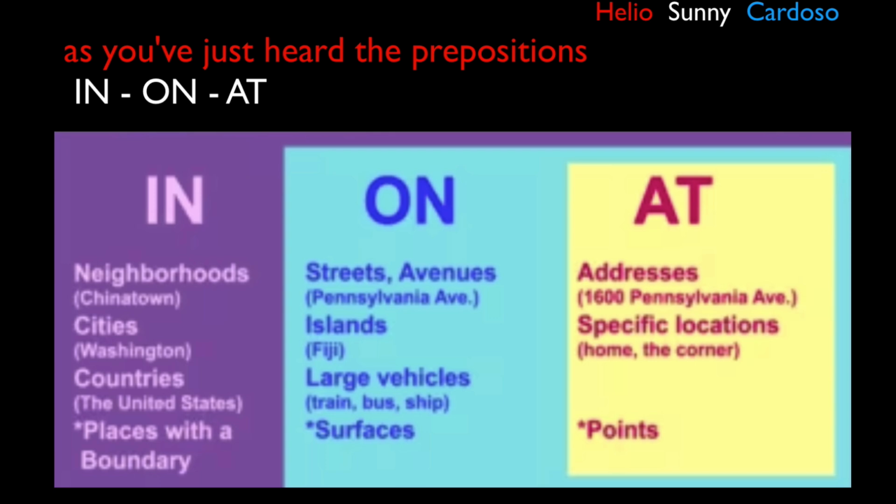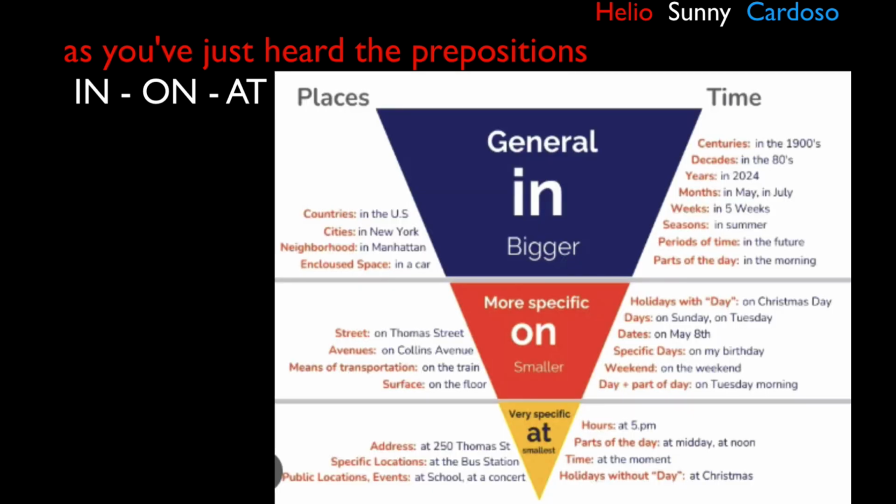And at is for very specific places, points in space and time, addresses, specific locations. Okay? You could say that in is for large general places, right? And then you go down to a more specific place, you use on, smaller than the ones you use in for.